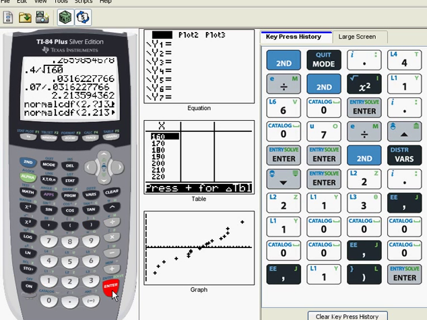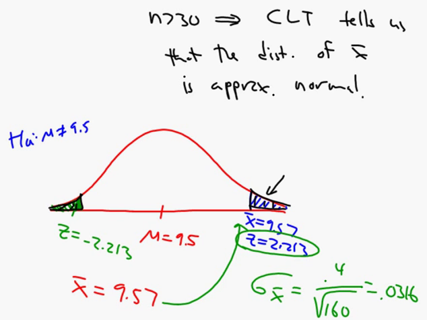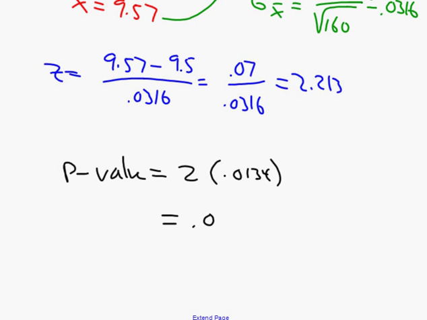We hit enter, and we get an area of 0.0134. So that's what this area is, 0.0134. And you have the same area over here on the other side. So we're done, basically. Our p-value then is just simply 2 times 0.0134, or 0.0268.